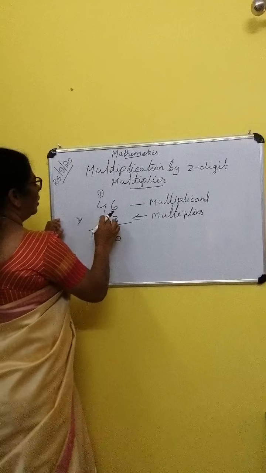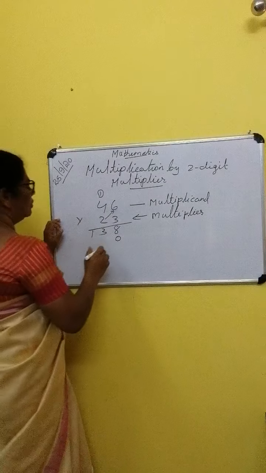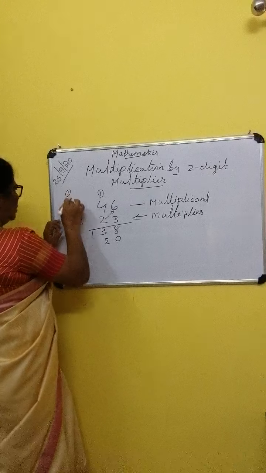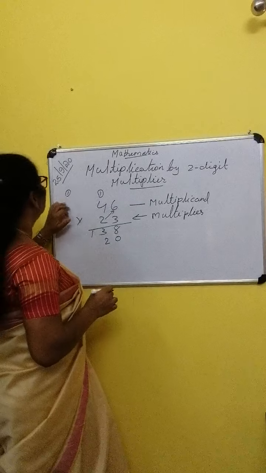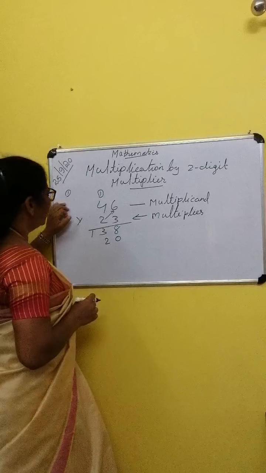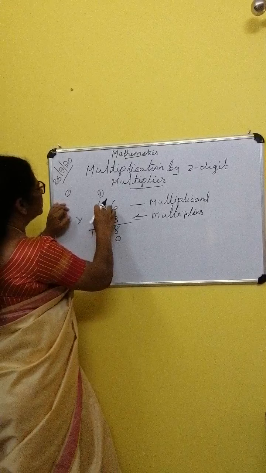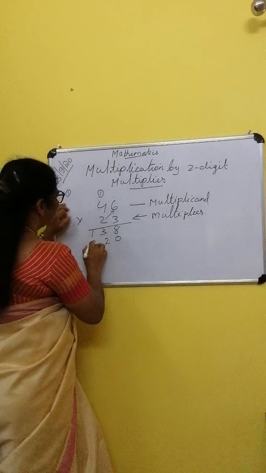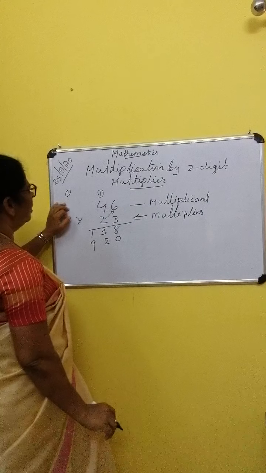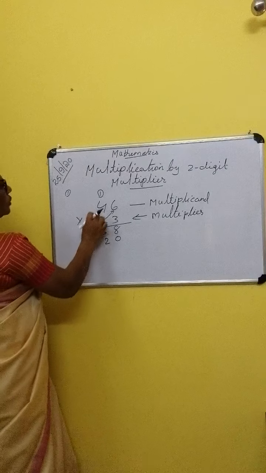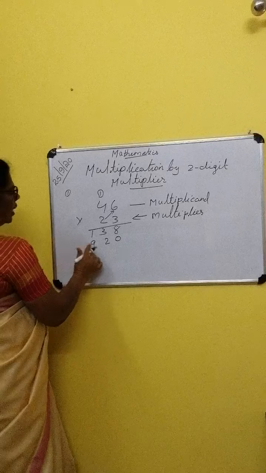Don't forget. 2 6s are 12. 2 only right here, then 1 carry as remainder. 2 4s are 8 plus 1, 9.